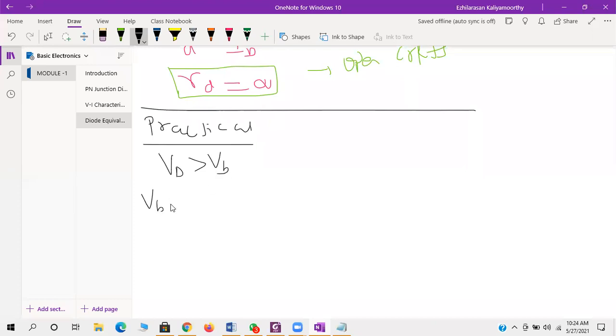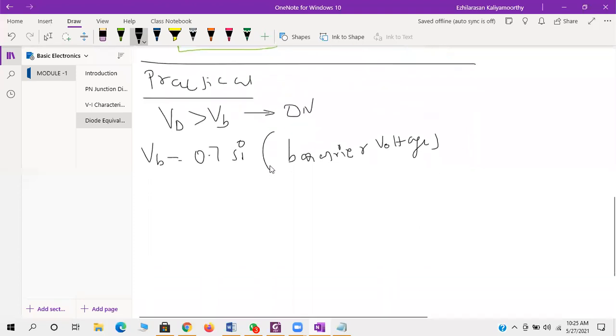We should know what VB is. VB is 0.7 for silicon. VB is nothing but the barrier voltage. So when the applied diode voltage crosses the VB voltage, only then is the diode on.